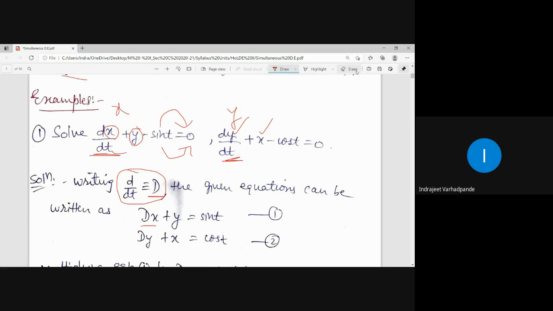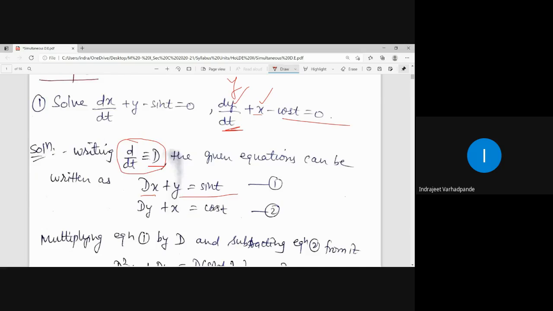So the first equation is now Dx plus y is equal to sin t. The second equation is converted to Dy plus x is equal to cos t. But as per practice, we write the terms in variable form so that the second one is below the other.